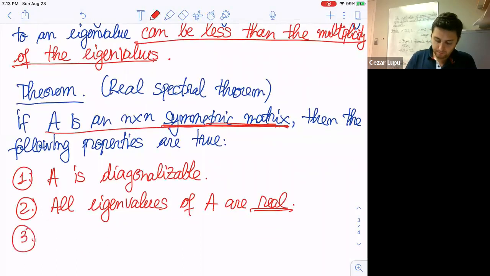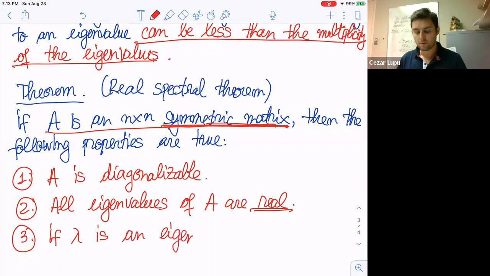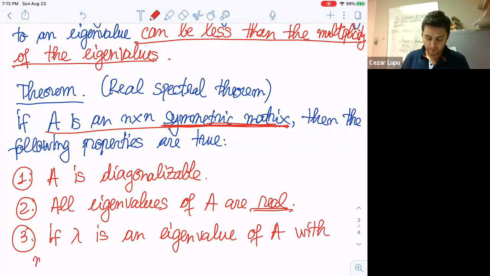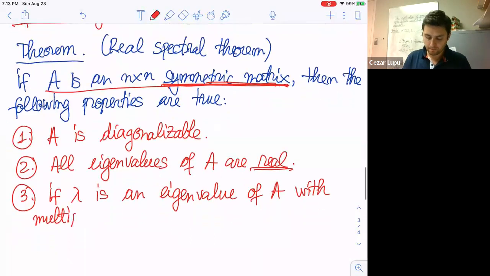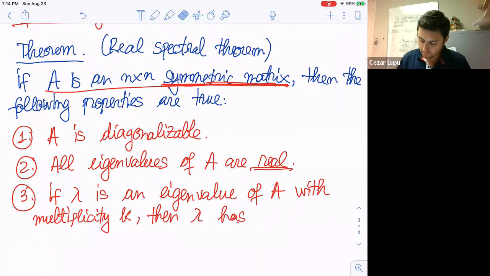And the third one, if lambda is an eigenvalue of A with multiplicity, let's say k, then lambda has k linearly independent eigenvectors.